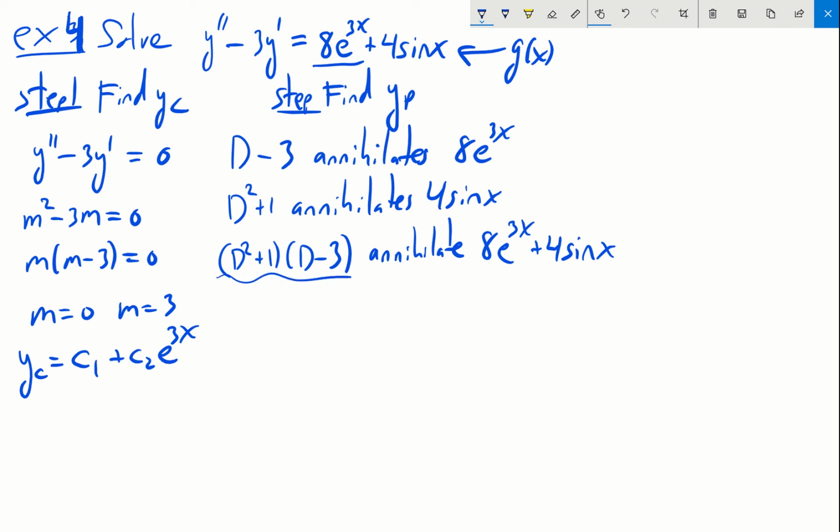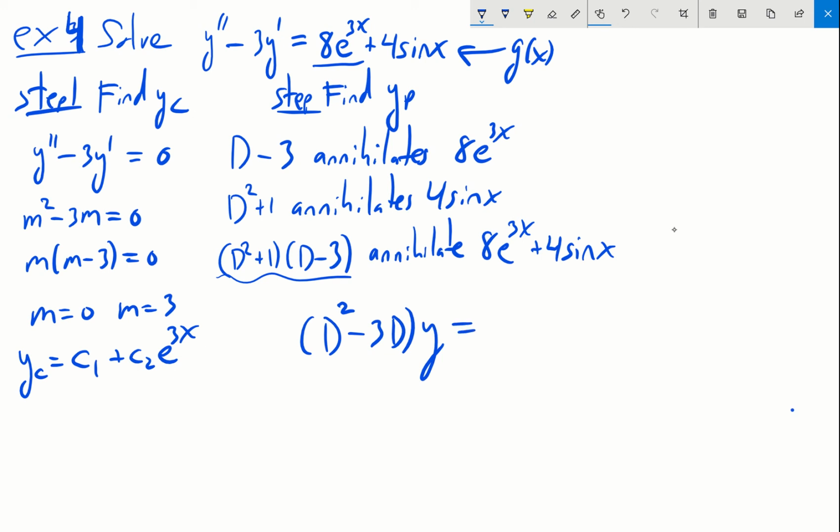So what we're going to do is apply this differential operator to our linear differential equation. In order to do that, first let's write the differential equation in operator format. So y double prime minus 3y prime can be represented as D squared minus 3D applied to y.